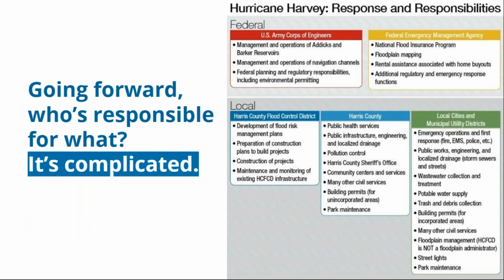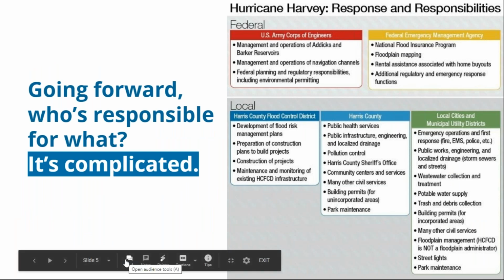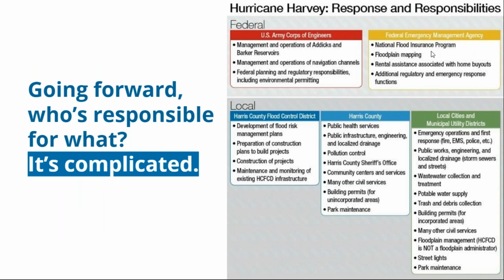So, kind of important to understand who does what with regards to water. Here on the top right-hand side, we start with FEMA. We know FEMA as the emergency management group that swoops in and helps, comes in immediately when there's a national disaster. And we were certainly grateful for their help during Harvey.